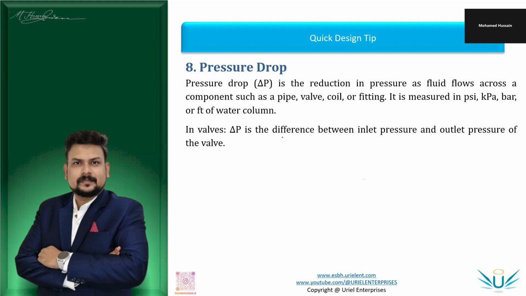If it cannot resist or hold that pressure, then obviously a water leak will happen at the pipe. If you undersize or oversize, it will put unnecessary pressure on the pumping side. So here we only have to focus on the pressure drop at the valve. That is known as delta P, which is the difference between the inlet and outlet pressure of the valve.